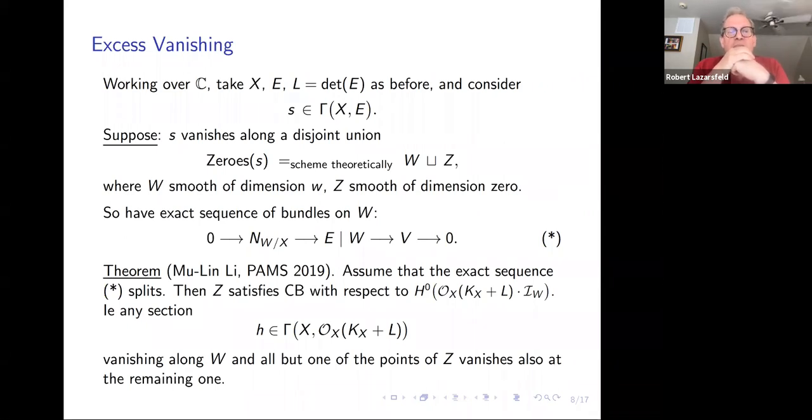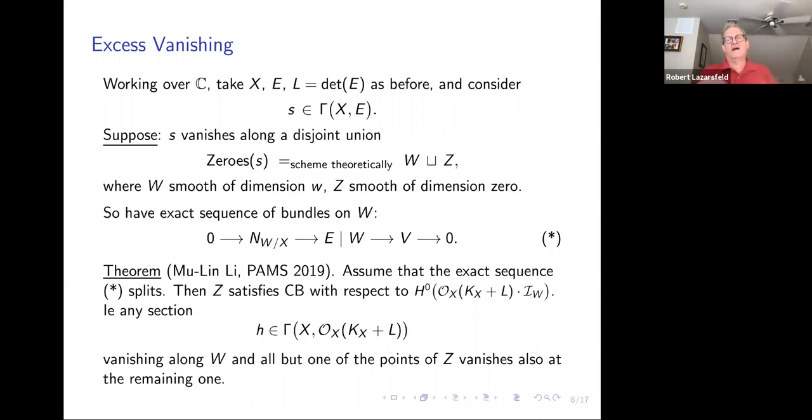This condition we'll loosen in a minute, but for the moment, imagine that the zero locus of S vanishes along two things. So a smooth variety W of some dimension little w, together with a nice zero-dimensional set of points. So what's the picture you should have in mind?